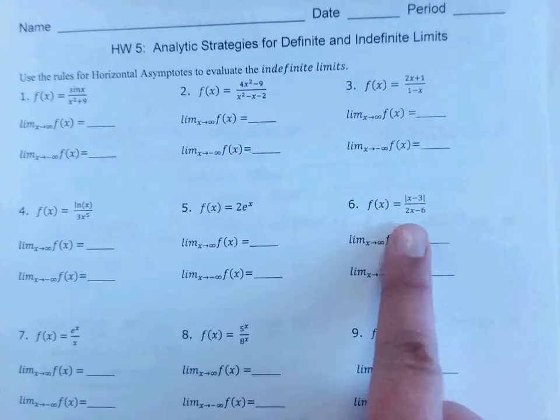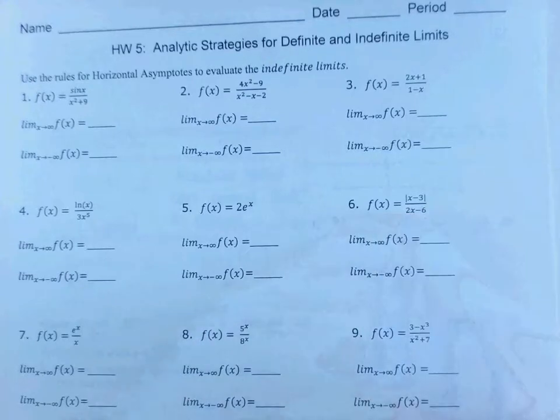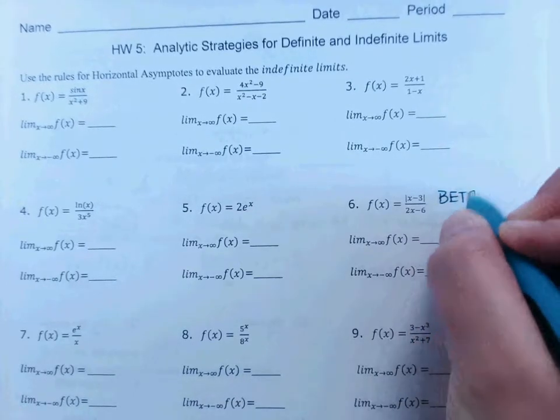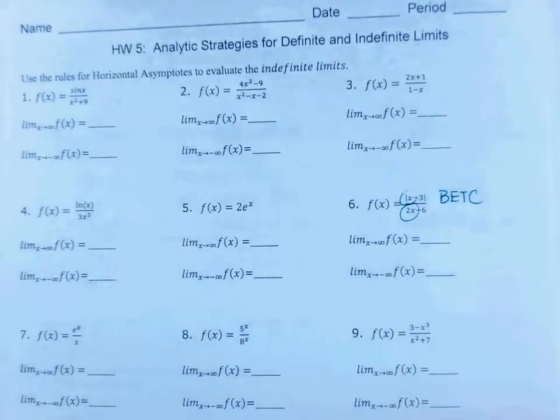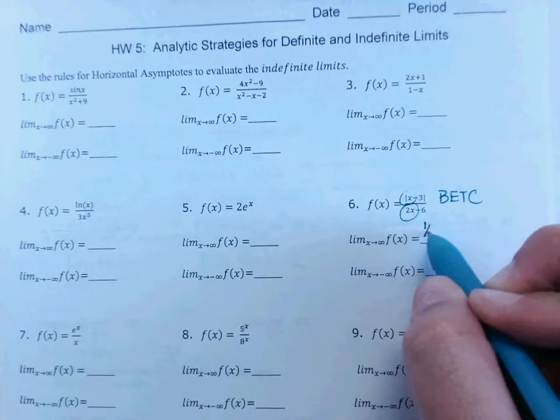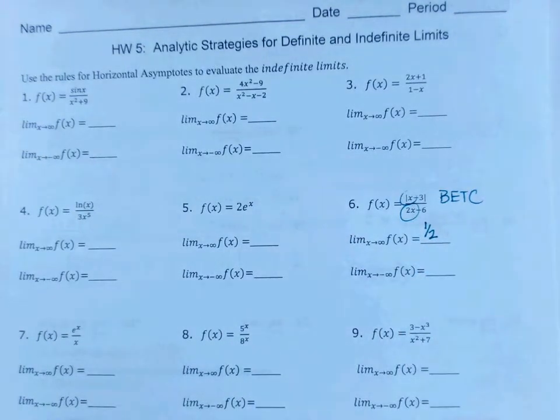So if I'm looking at this one, is it a Bobo, Bottom, or Betsy? Betsy. It's a Betsy because it's an x over a 2x. But towards positive infinity, what will my coefficients be? 1/2. But towards negative infinity, instead of getting positive 1/2, I'll just get negative 1/2.